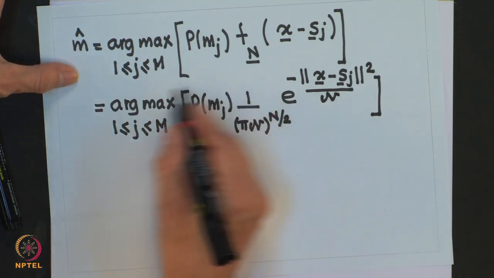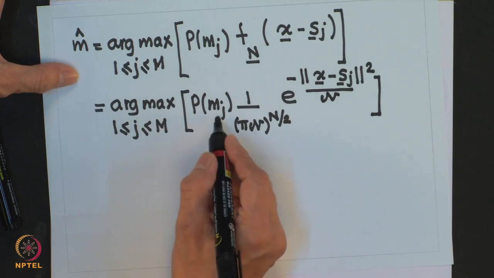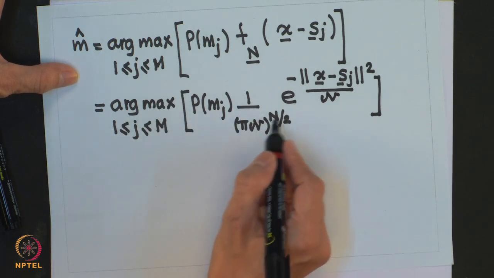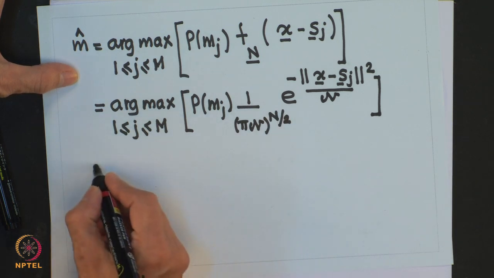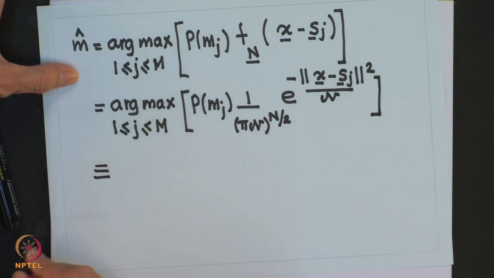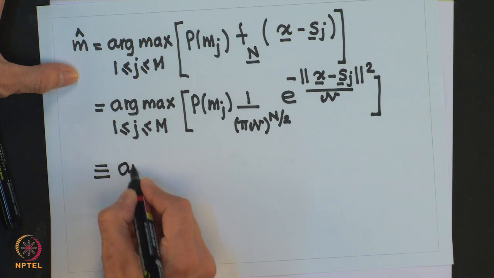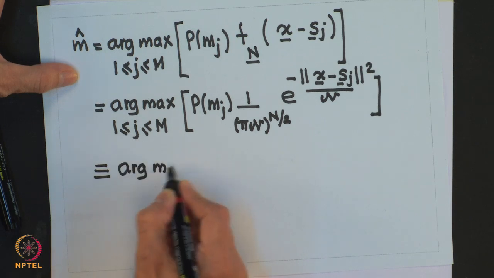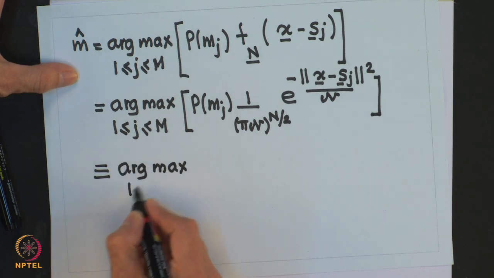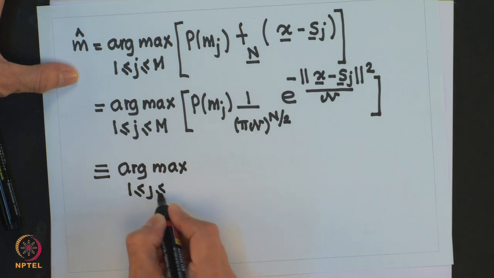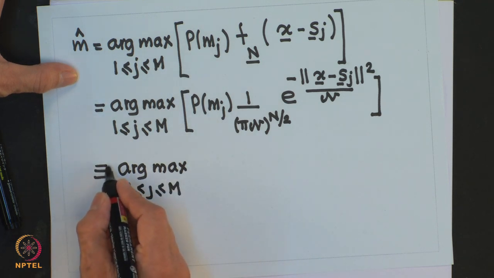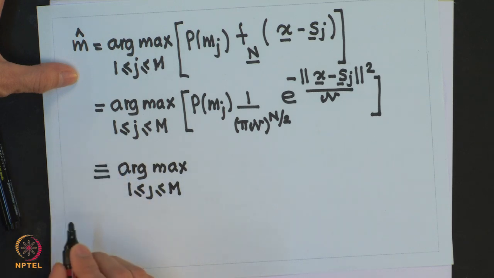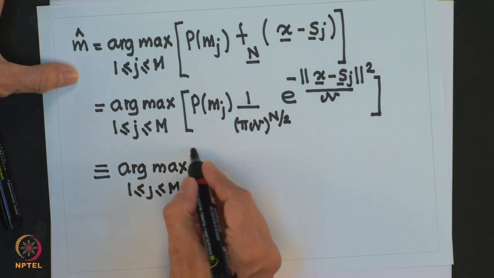Now, when we evaluate this for all the j's, remember that this quantity out here remains the same. So, we can simplify our decision rule by the following expression. This notation implies the simplification of the decision rule.